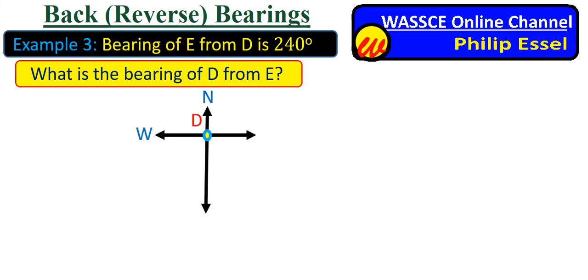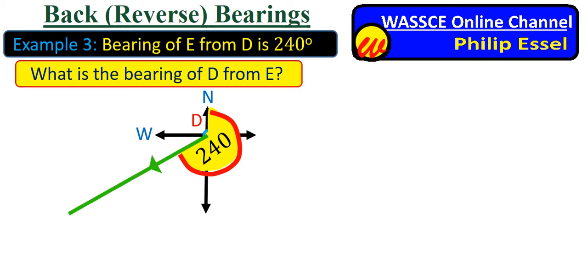Now, starting from the north pole of the point D, we are going to measure in clockwise direction the angle 240 degrees. We will then draw our arrow line at this point.